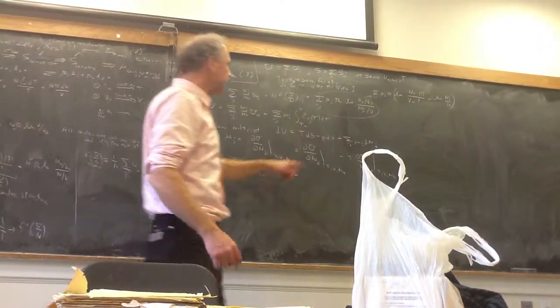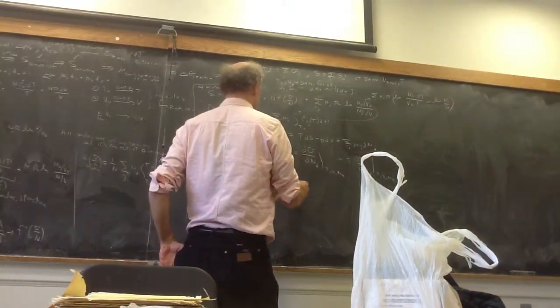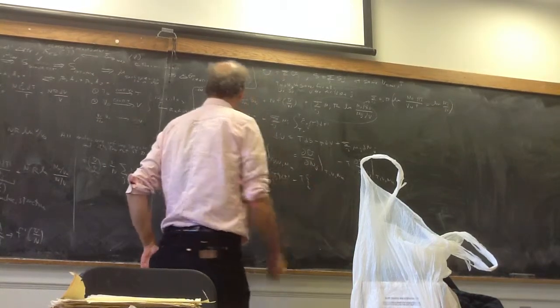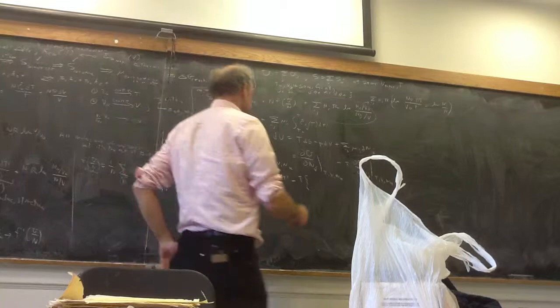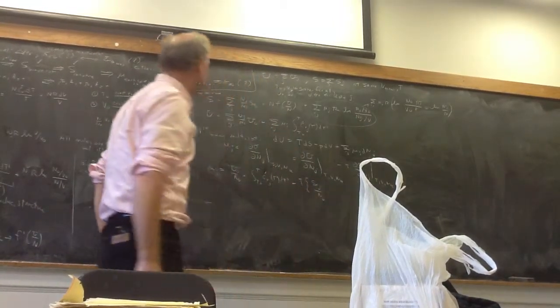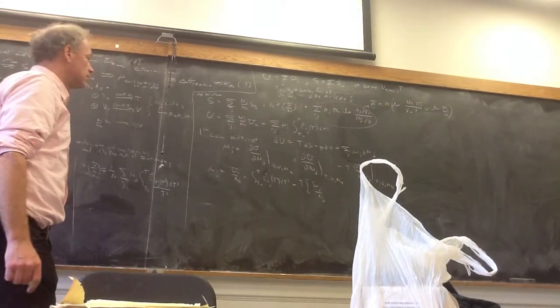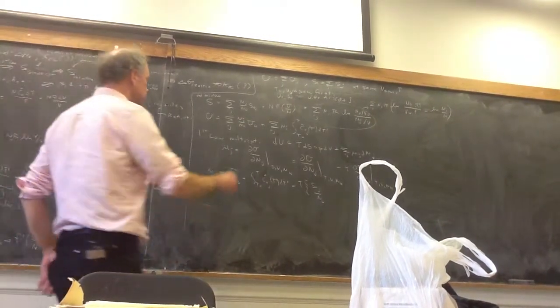And now I need T dS/dn_j. So I need to take d/dn_j. So minus T times d/dn_j of this is just s0 over n0. This should have been a u0j.